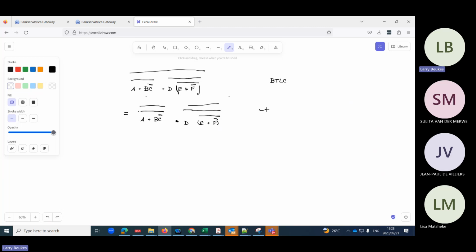Okay, so now we broke the line, change the sign. So now this is already 2 marks, right? So now we go to the next one. Sir, isn't there supposed to be 3 complements on D, E plus F? You have 4 now. For 1, 2, 3. Okay.